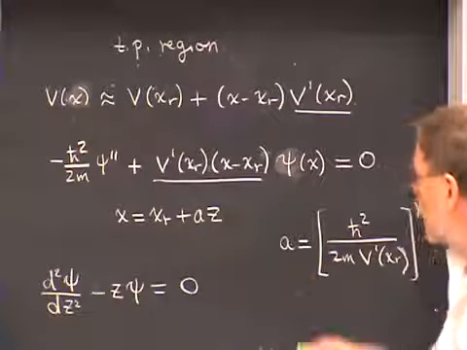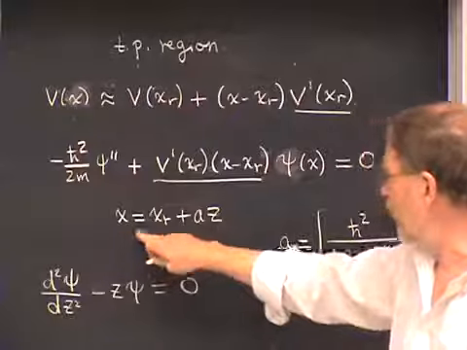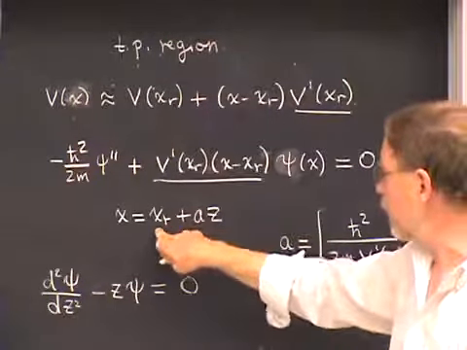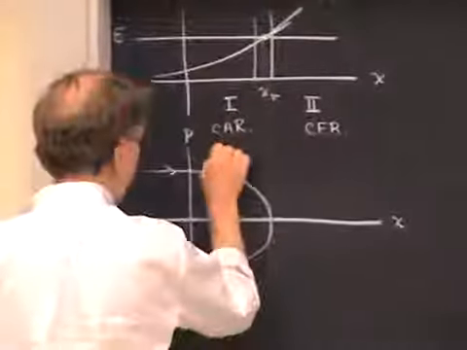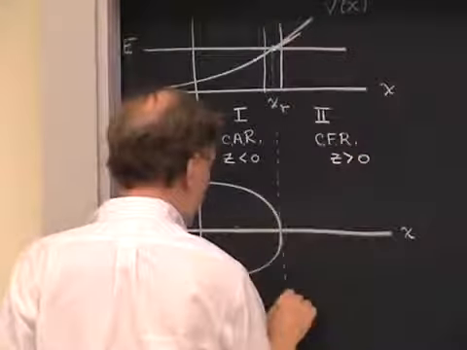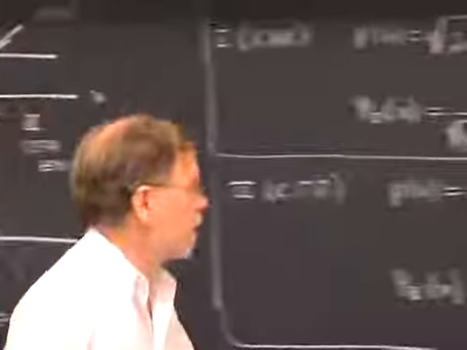And as I explained last time, we'll clean this equation up by doing a linear transformation, going from an old variable x over to a new variable z, such that z equals 0 at the turning point. So in this diagram, the classically allowed region is the one where z is less than 0, and the classically forbidden region is the one where z is positive, and the turning point itself is z equals 0.